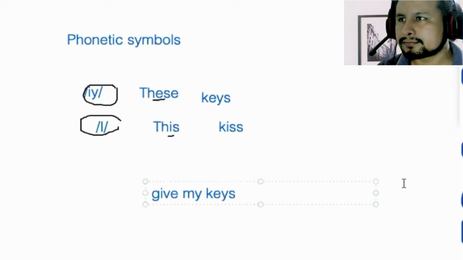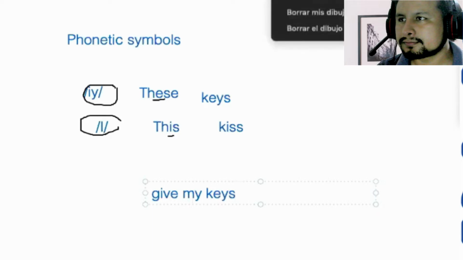All right? And you cannot complain. You cannot say, hey, what's the matter with you? No, you asked for that. You said, give him my kiss. No, you're not asking for your kiss. You're asking for your keys. Give me my keys. All right? So you see the difference. That's why vowel sounds in English are extremely important.